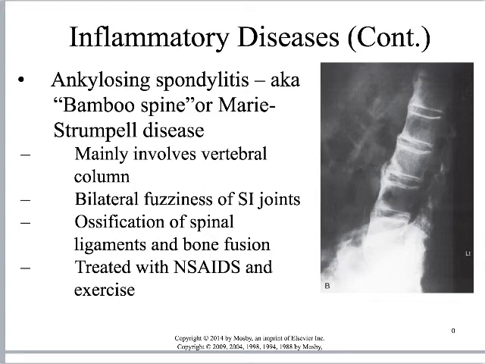Where we see it most acutely is, if we missed this here, you'll see bilateral fuzziness of the SI joints. As that calcium exits the spine, it's pooling up and hardening the SI joints, closing off that joint. Also ossification of the ligaments along the spine, and then fusion of the bones themselves. This is treated with NSAIDs and exercise, which is the case with a lot of these inflammatory joint diseases that we're going to look at.